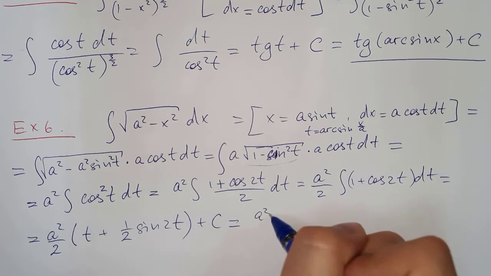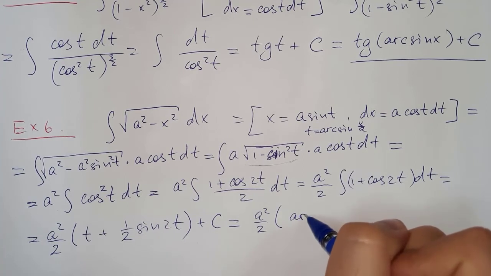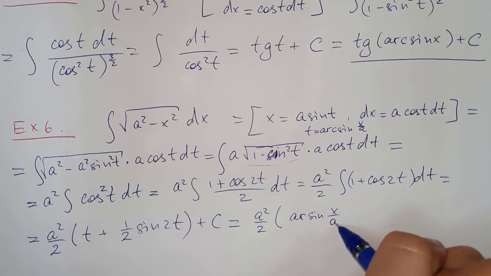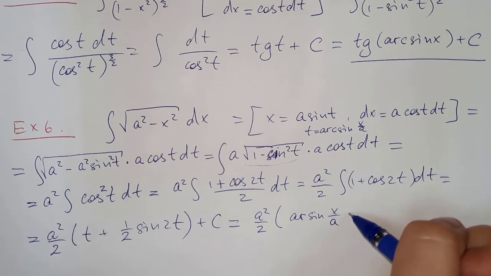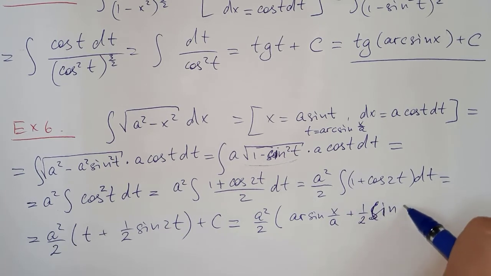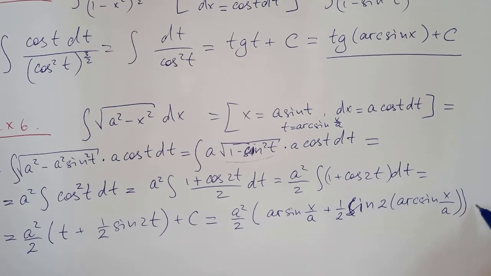So we have a squared over 2 times arcsine x over a in the first case, then plus 1 over 2 sine 2 arcsine x over a, and plus c.